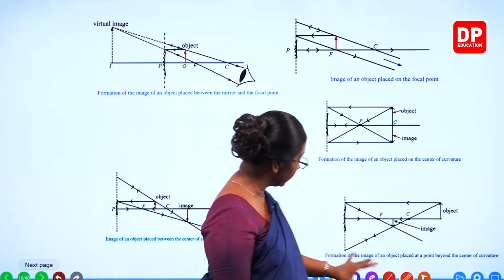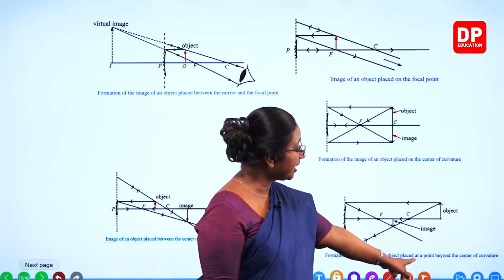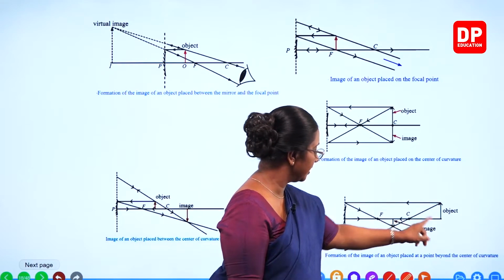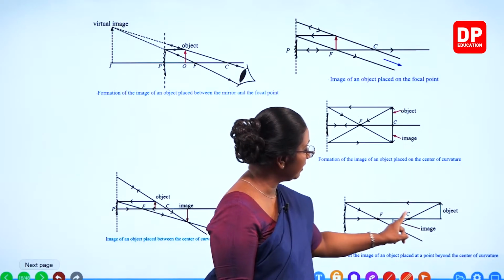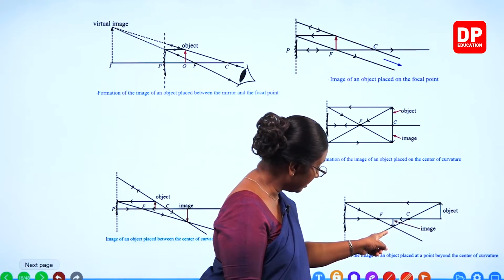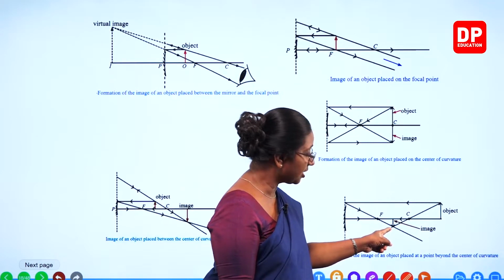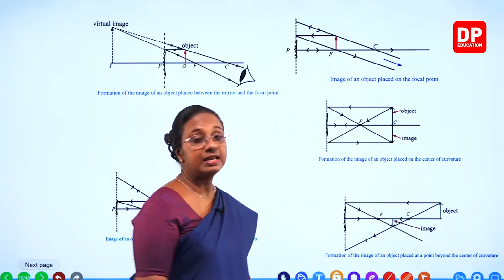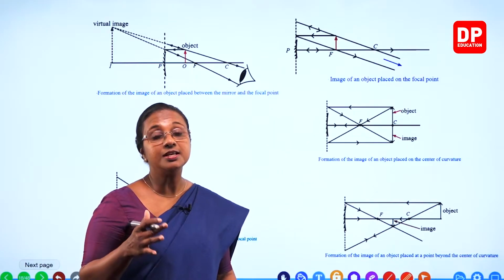And here you can see when the object is beyond the center of curvature, the image is between the focal point and center of curvature. The image is diminished, smaller than the object, inverted, and real. You can get it on the screen.